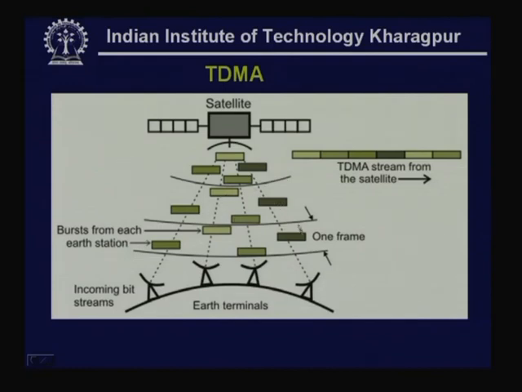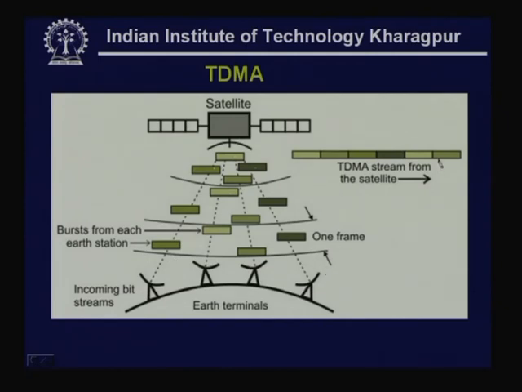So, you can see different ground stations are sending at different time slots. This one is being sent by one ground station, these packets are being sent by another ground station, and these packets by another ground station, and this is the TDMA stream which is broadcast by the satellite towards all the ground stations.